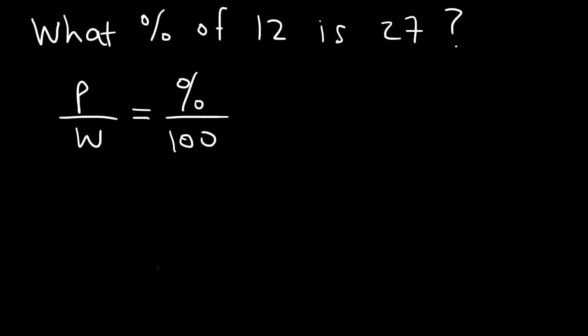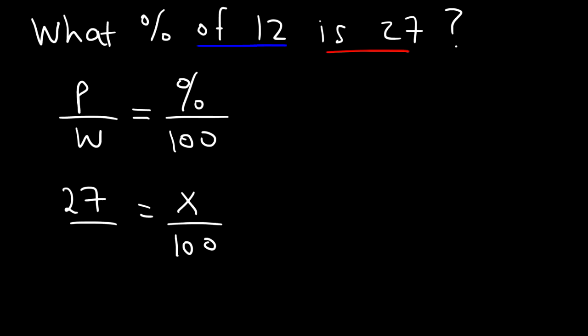The percent, we're going to make it X. Now what is the part and what is the whole in this problem? The number that is associated with is the part. So 27 is the part. The number that is associated with the word of is the whole. So 12 is the whole.